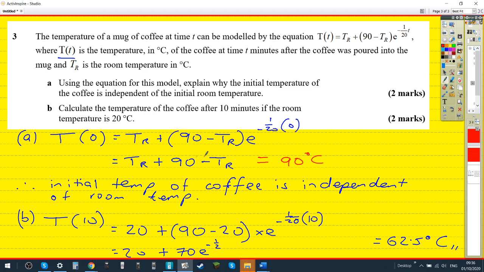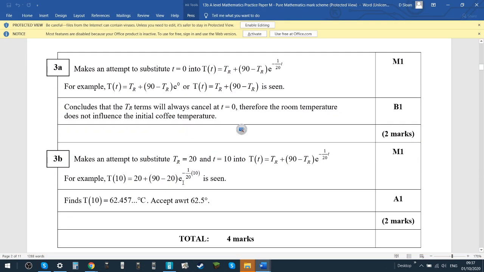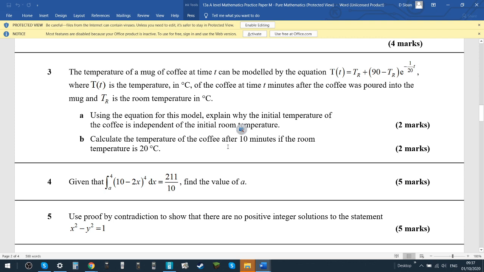Because room temperature has been eliminated, the initial temperature of the coffee is independent of room temperature. Because TR was eliminated. We just needed to fully simplify. Okay. Part B, sub in 20 and 10, 62.5 degrees. Any questions there? No. It's all right.